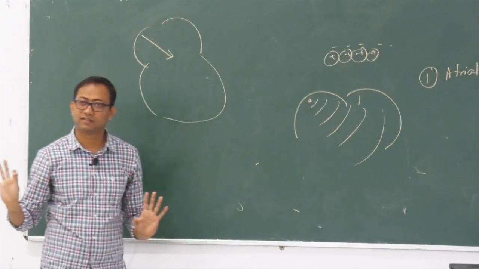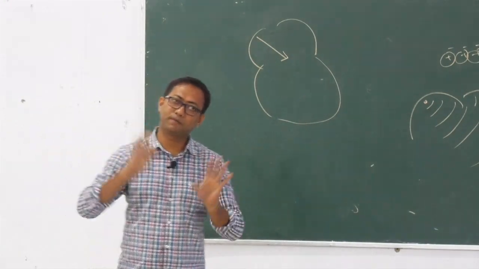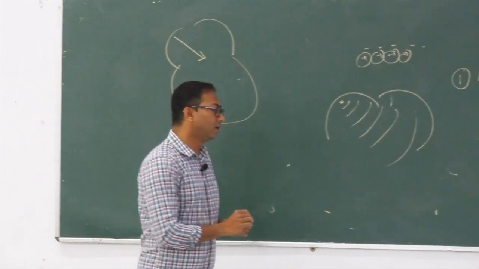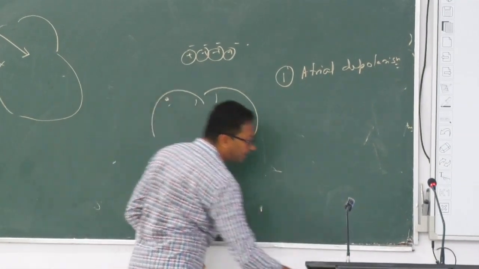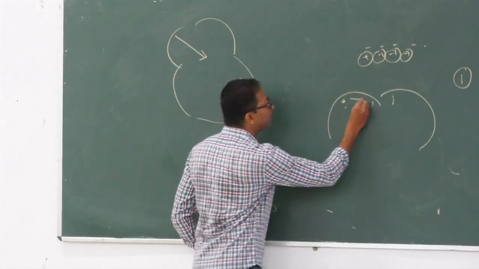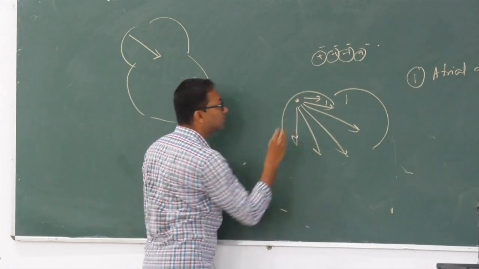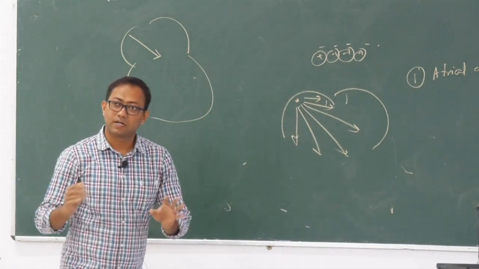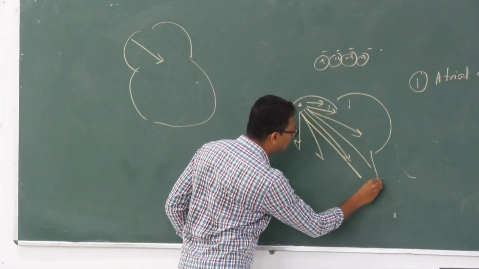So there are multiple vectors that are required to depolarize your left atrium. Your left atrium is depolarizing, so that means there are multiple vectors. Now the resultant of all these vectors is this.